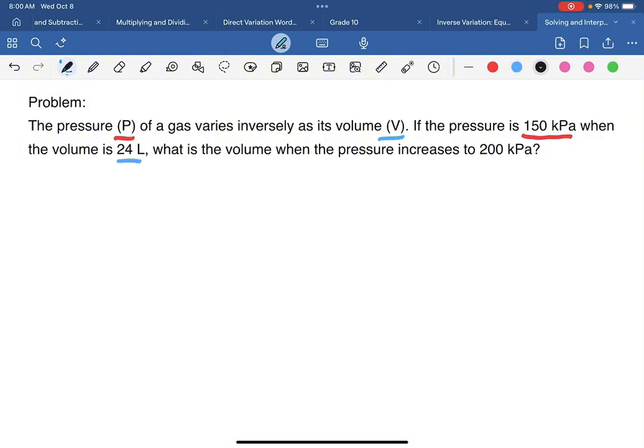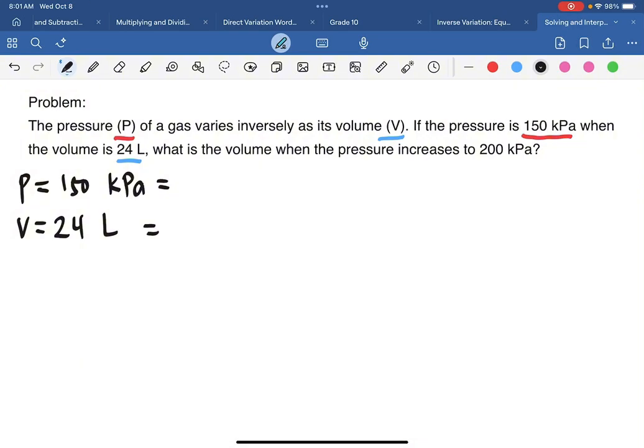Now, let us write the given here. We have P equals 150 kilopascal and V for 24 liters. Now, obviously, we are given already in the situation that P varies inversely as its volume.